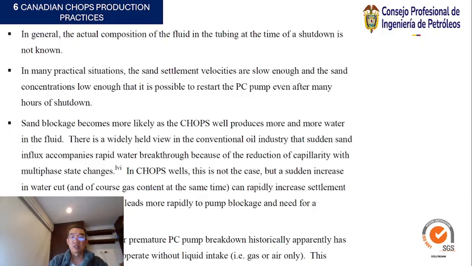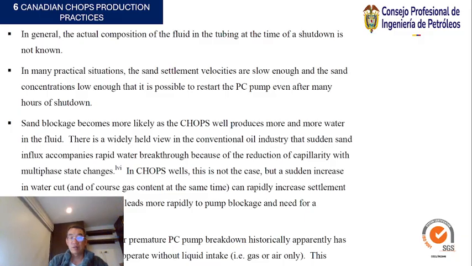In CHOPS wells, this is not the case, but a sudden increase in water cut, and of course gas content at the same time, can rapidly increase settlement velocity so that a shutdown leads more rapidly to pump blockage and the need for a workover.